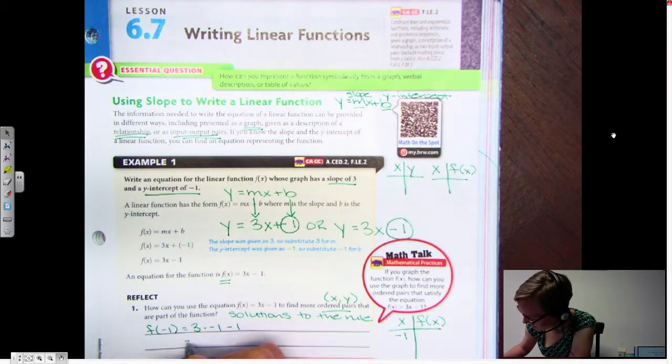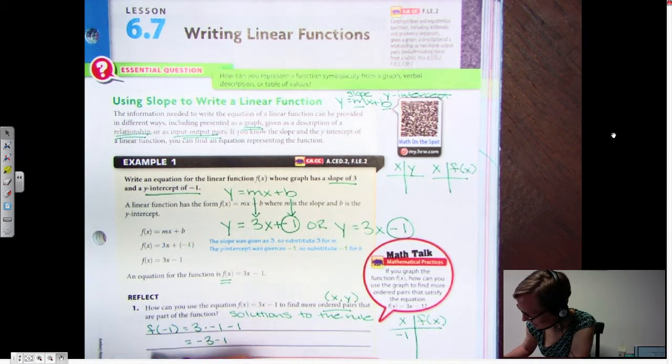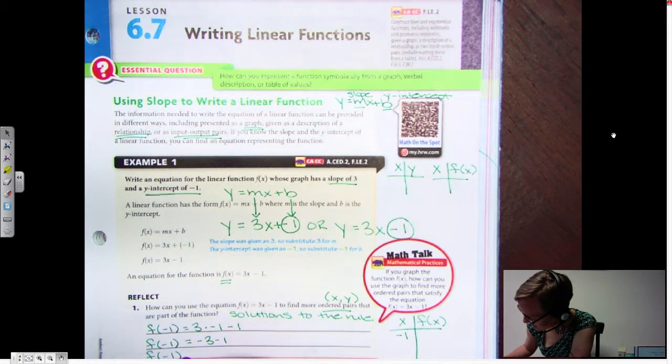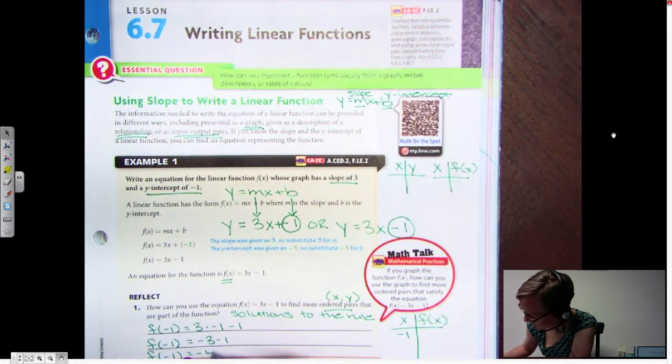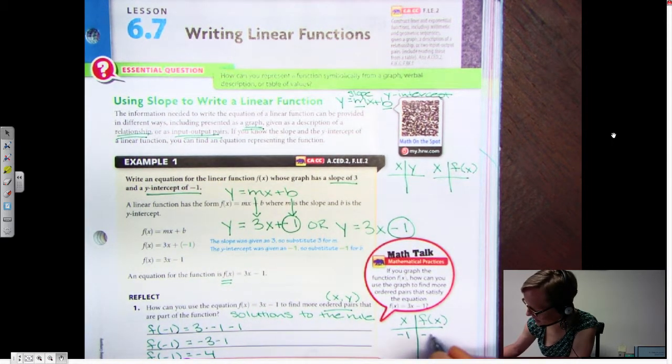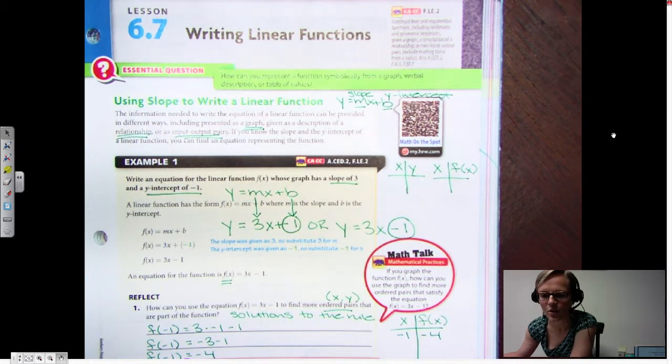So my solution, or my output, would be f of -1 is 3 times -1 and then minus 1. So if I was to solve this, I'd do this first, and then I can see that my f of -1 equals -4. So when I plugged in -1 for the x value, my output, f of -1, is -4.